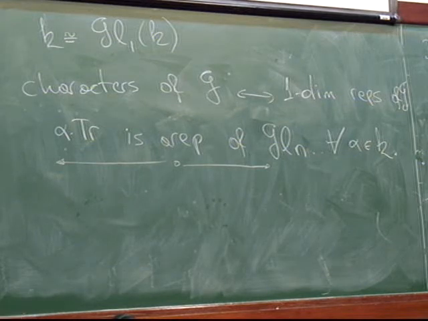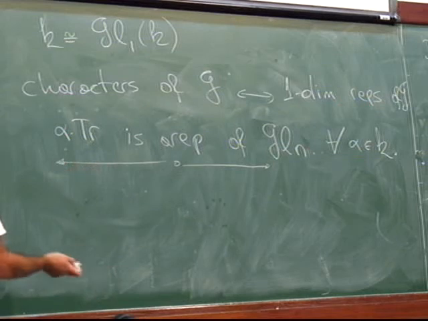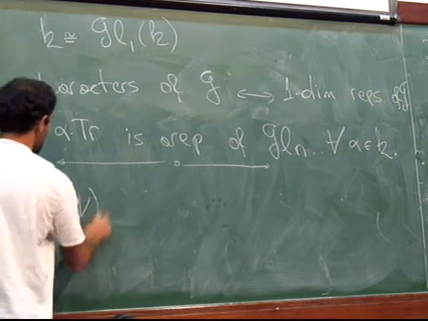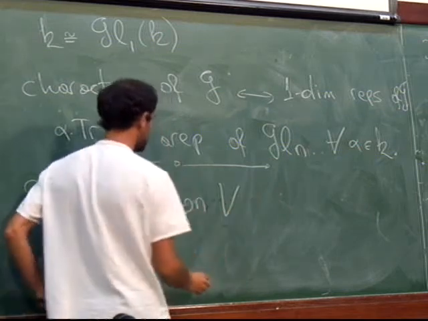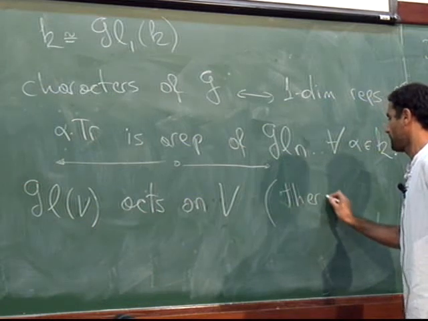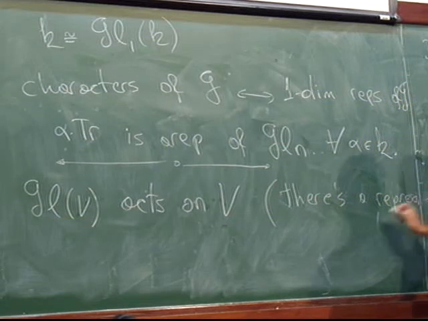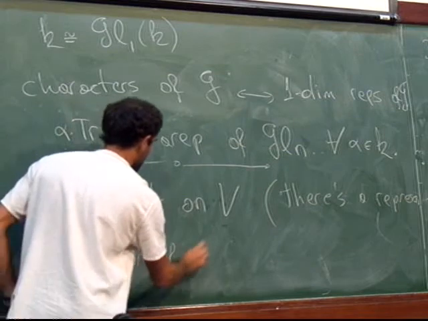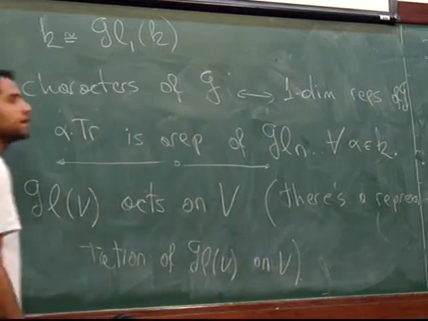So let me give a representation of GLN, which is the one that you should be expecting, that is the following. GLV acts on V. This means there's a representation of GLV on V. What can this be?